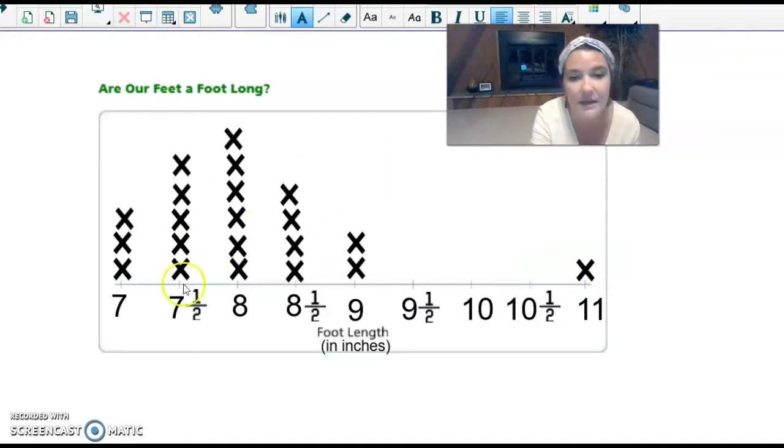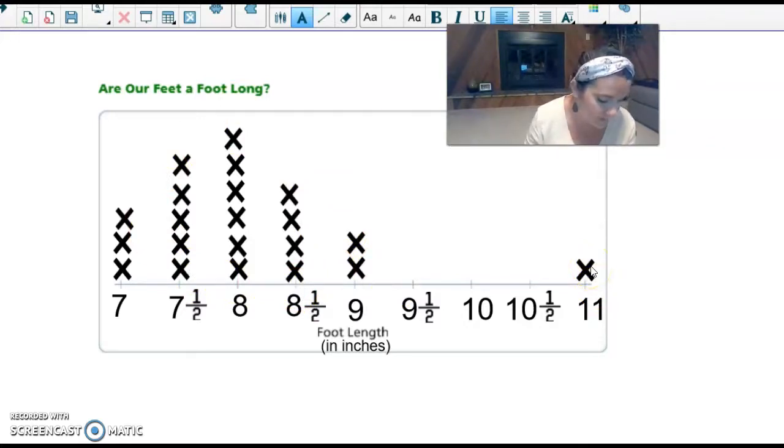Is it half the class, more or less than half of the class? So looking right here, is this more or less or about half of the class? It's definitely more, isn't it? It's more than half the class because we have just one person over here.